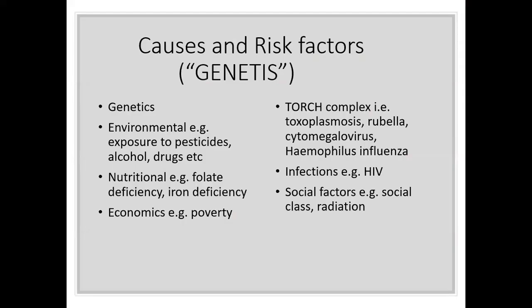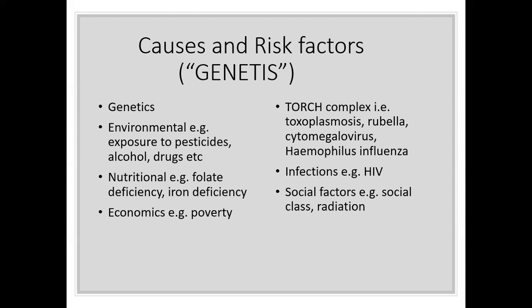So what are some of the common causes and risk factors of congenital abnormalities? I'm sure you are used to me now. We just put the word genetics, where G refers to genetics itself. E is environmental factors such as exposure to pesticides, alcohol abuse, and drug use.